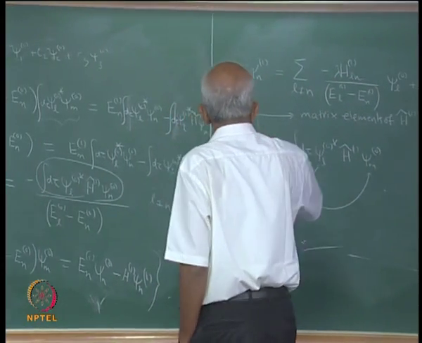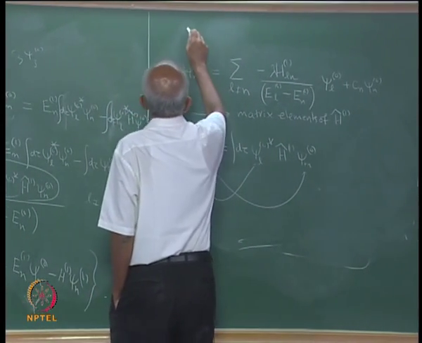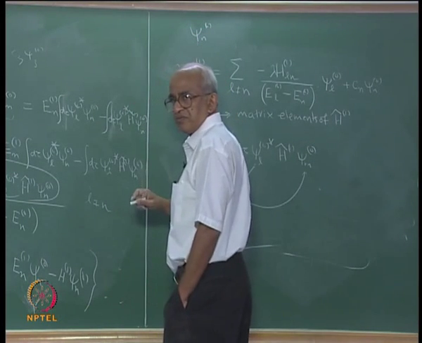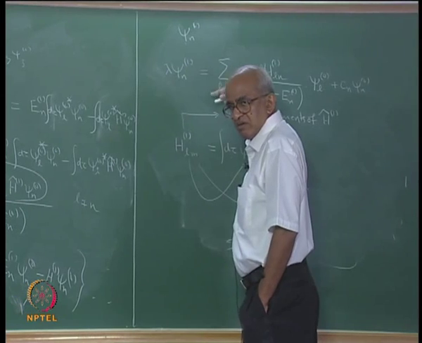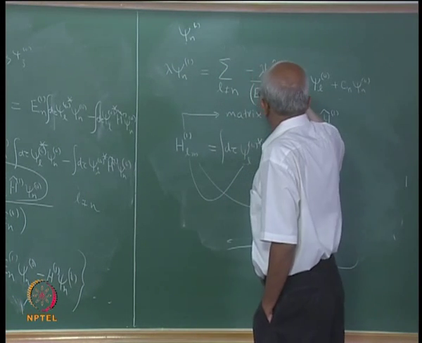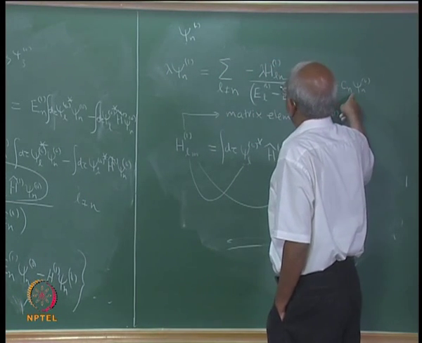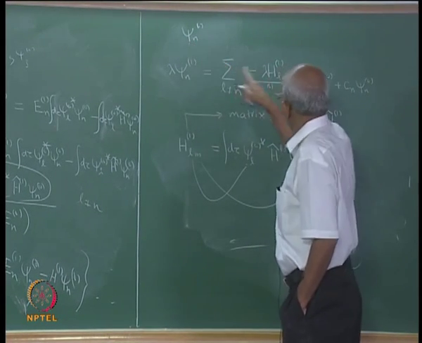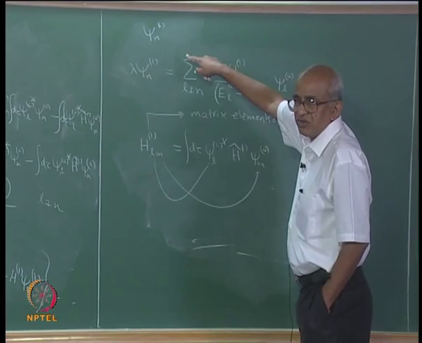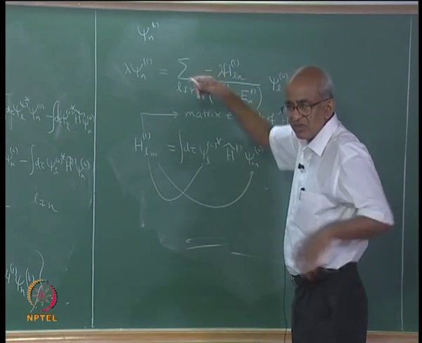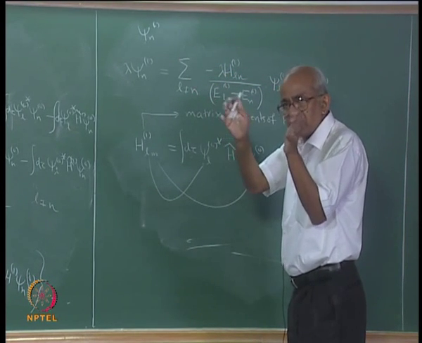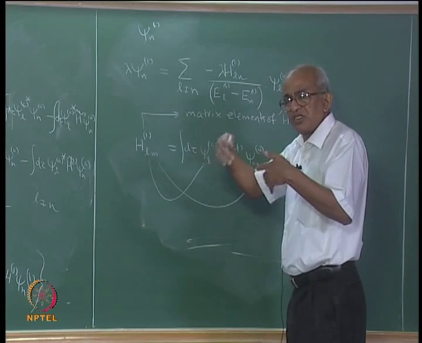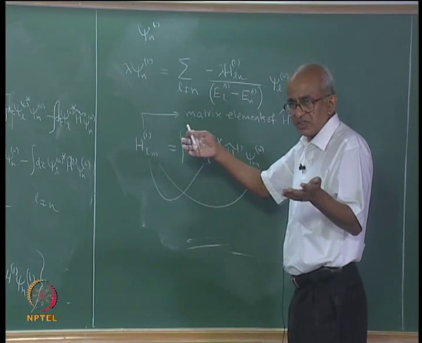Now, this remember is going to be added to what? It is going to be added to psi n 0, right. So, if we had taken this correction and added it to psi n 0, all that will happen is that this term will get added on to psi n 0, and that will just modify the coefficient of psi n 0. Anyway, you have to later on ensure that the wave function is normalized.